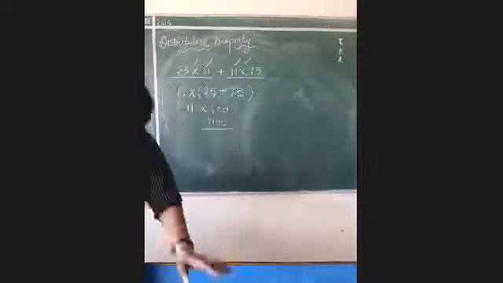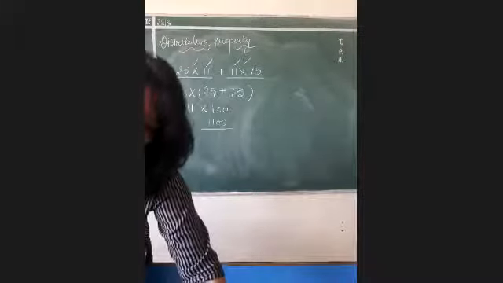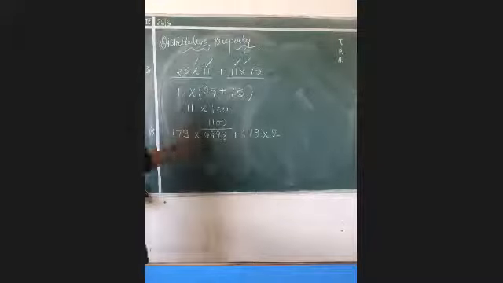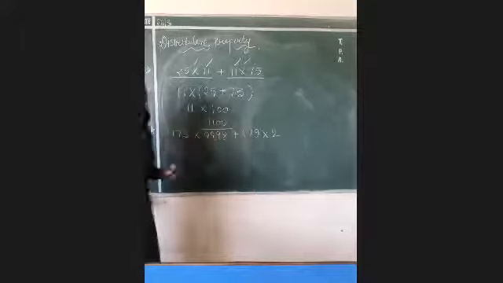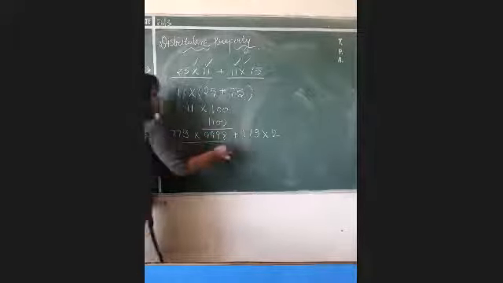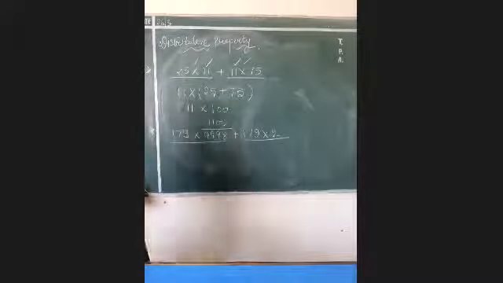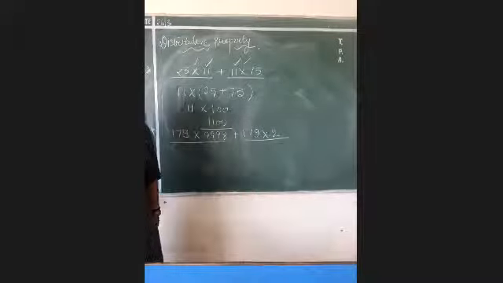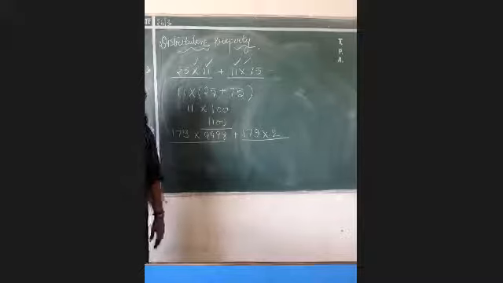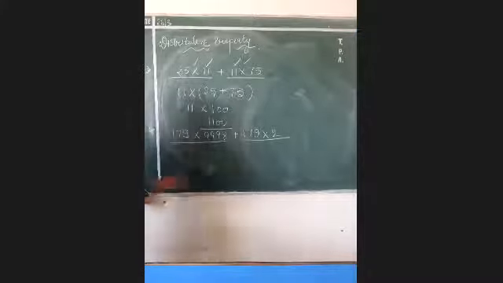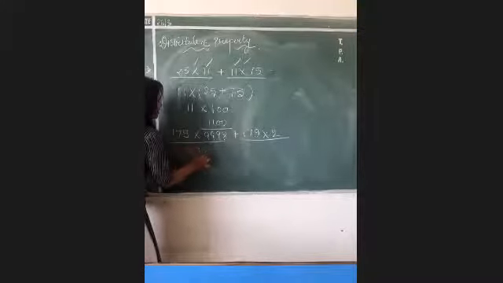First you note down this. I will explain one more question to you. Okay. First of all, tell me what is common in both the terms. The first term is this, the second term is this. Tell me which is common over here. Very good, very nice. Everybody is writing correctly. The number which is common in both the terms is 179.